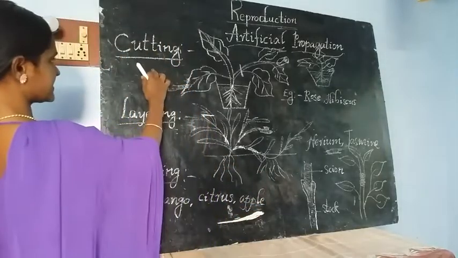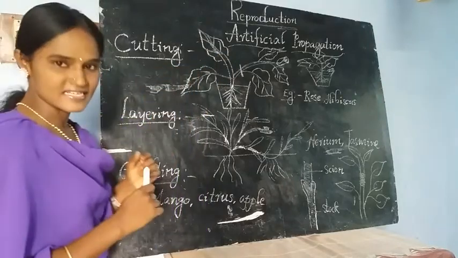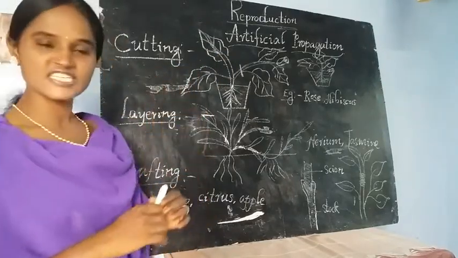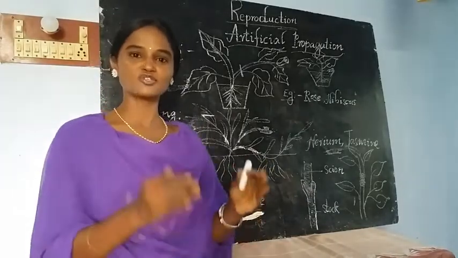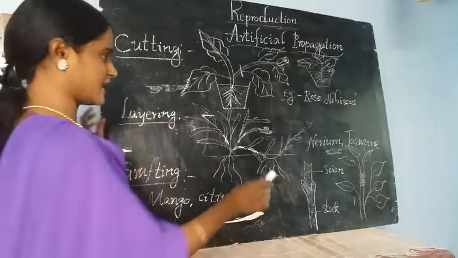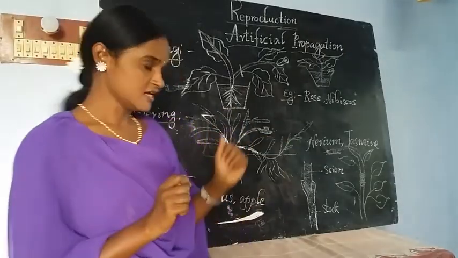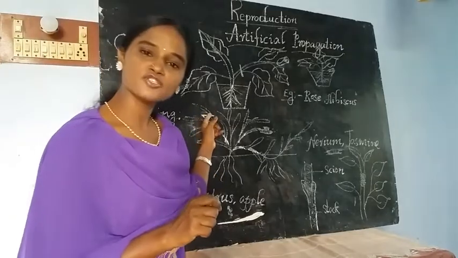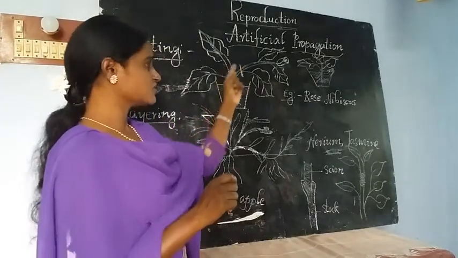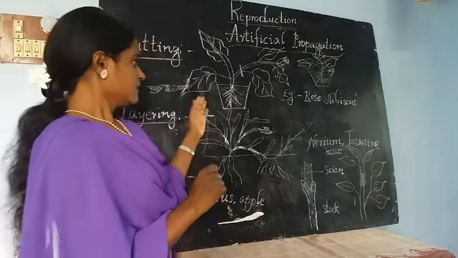What are they? One is cutting. The name itself suggests it. Here we cut the parent plant, the existing plant. For example, take a potted plant in a small pot. Many varieties of plants may undergo artificial propagation by the cutting process.